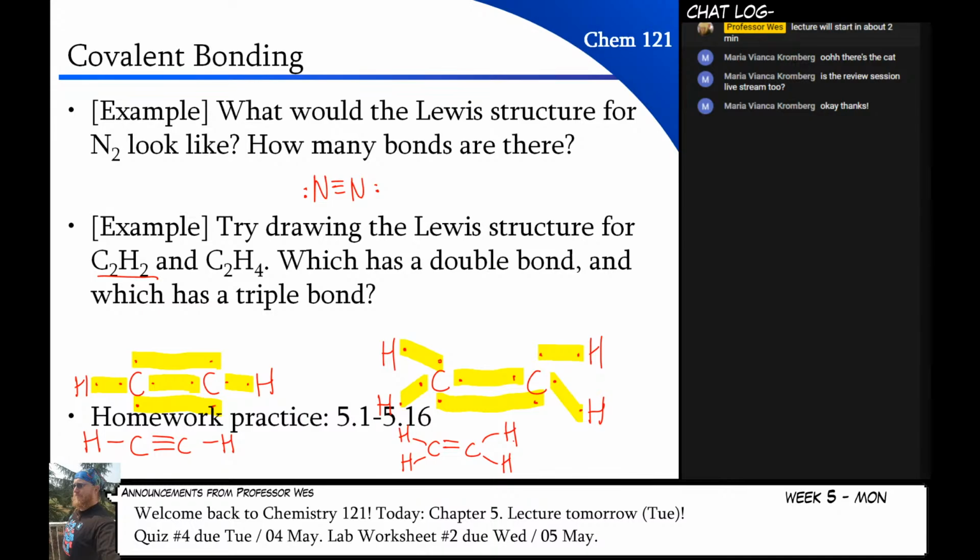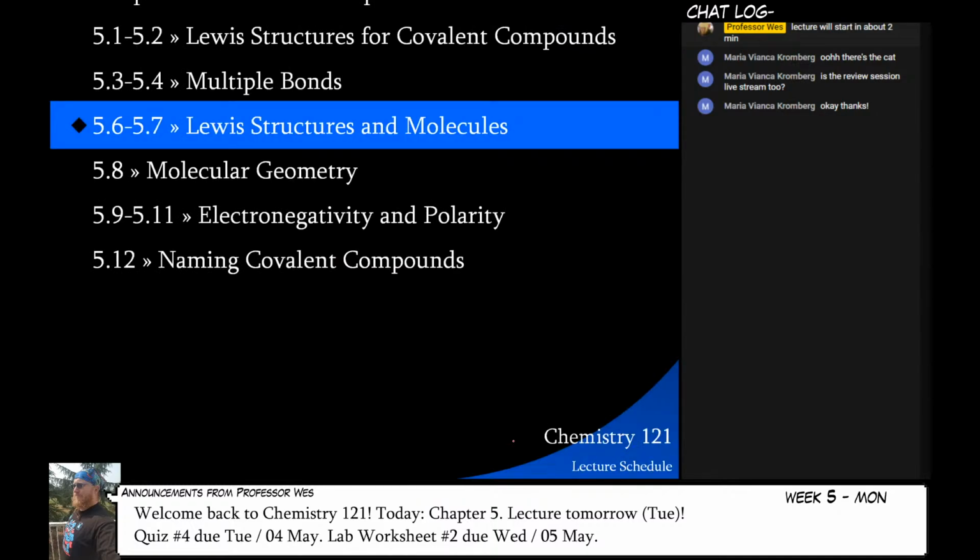So in the next section, what we're going to do is use this ground framework to make Lewis structures for any molecule we want to. However, we're not going to use the rules that we just established of draw the dots out and then connect the singles together, because that's going to give us too many options.